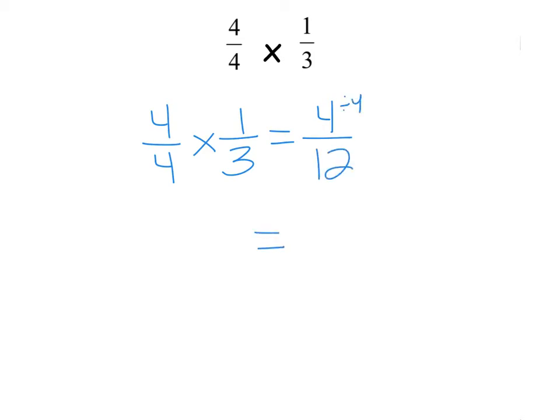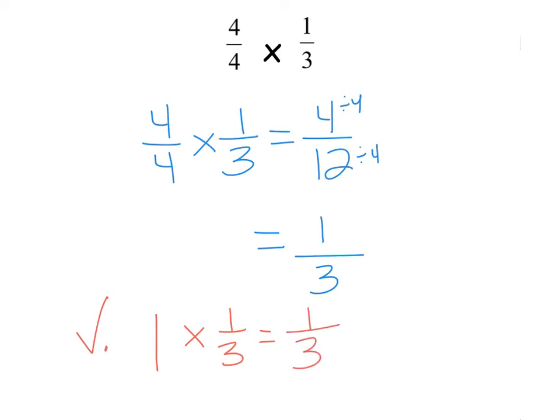Divide by 4, divide by 4. 4 divided by 4 is 1. 12 divided by 4 is 3, 1/3. Let's check this. Well, 4/4 I know is equal to 1 times 1/3. So anything times 1 is the same. So it's 1/3. So it checks out. Make sure you showed all your work.